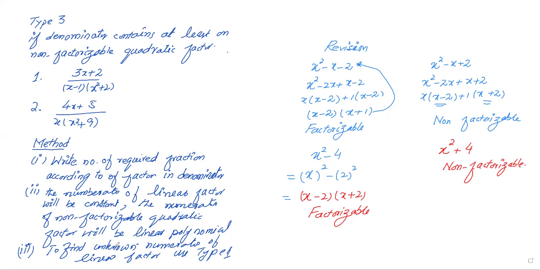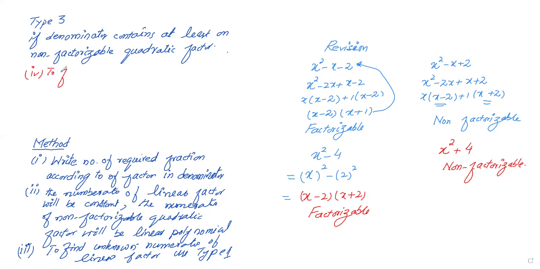And the fourth and last step is to find the unknown of the numerator of the quadratic factor. Step number 4 is a very important step.